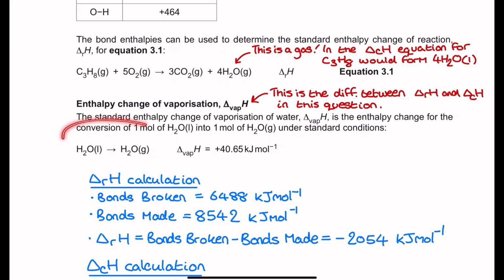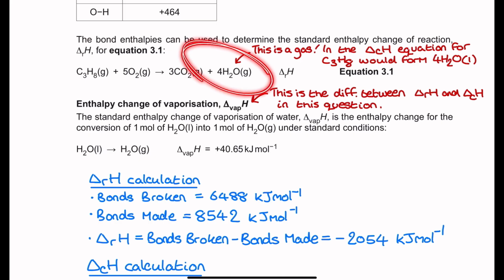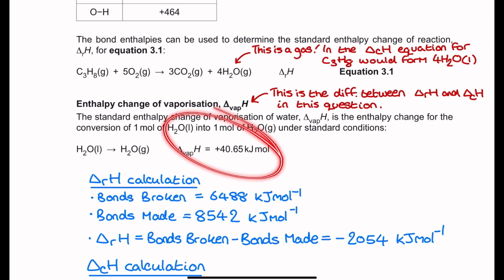And what we're learning here in this section for enthalpy change of vaporization is that energy is required in order to go from liquid to gas, which we knew anyway, because that's evaporation, isn't it? So what that means is this reaction is holding on to energy here in this gaseous water. If we were to condense that and get it back to liquid water, we're going to be kicking out this energy. But obviously we're going to be looking at a multiple of that because we've got a nice 4 here in front of the H2O.